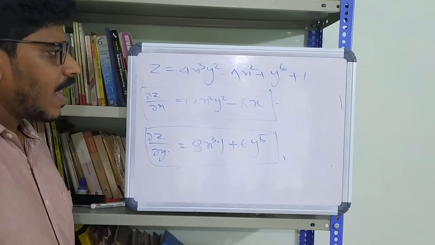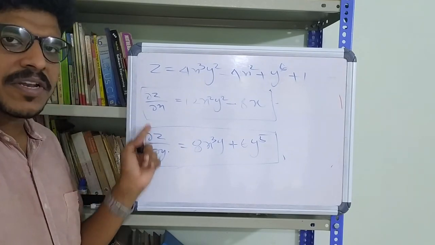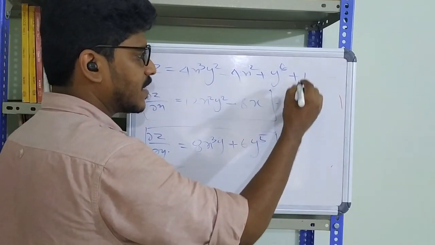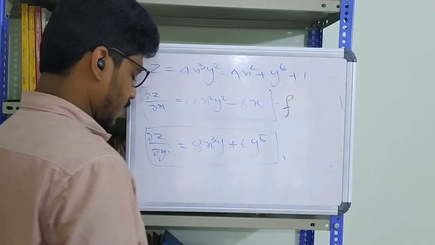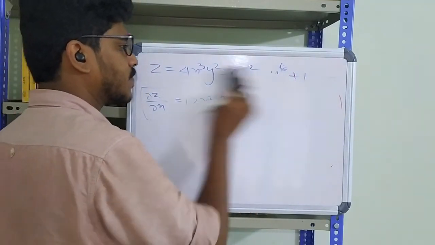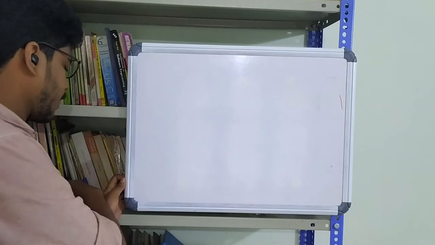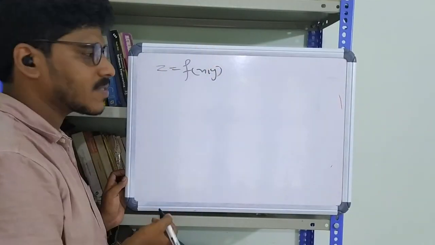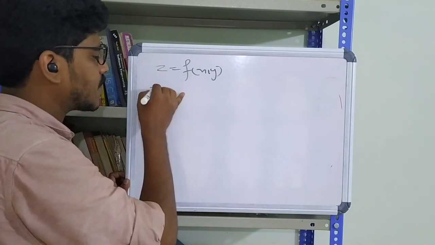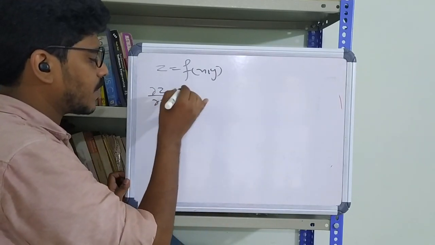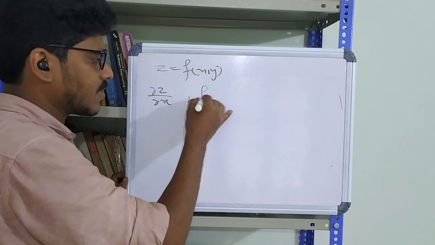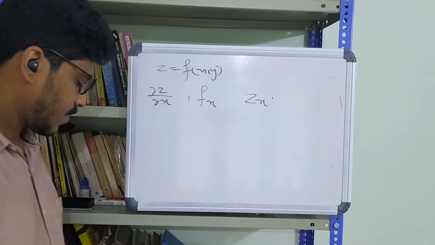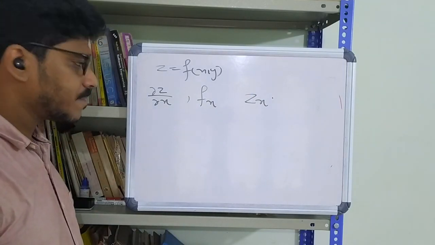Okay. And this is not the only way to denote the partial derivative. If z equal to f of x, y is a function of two variables, the partial derivative with respect to x, or ∂z/∂x, may also be denoted as f_x or sometimes z_x.